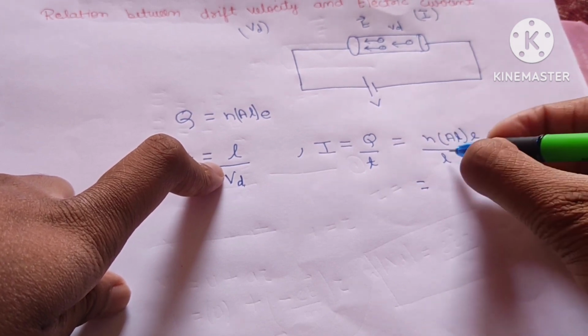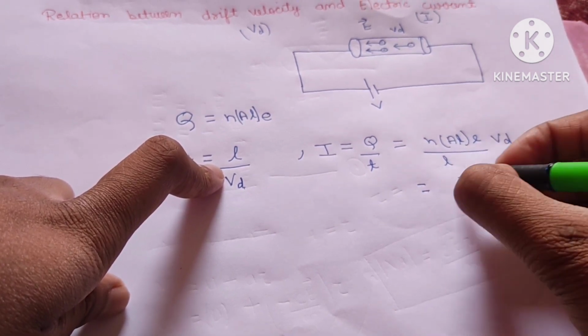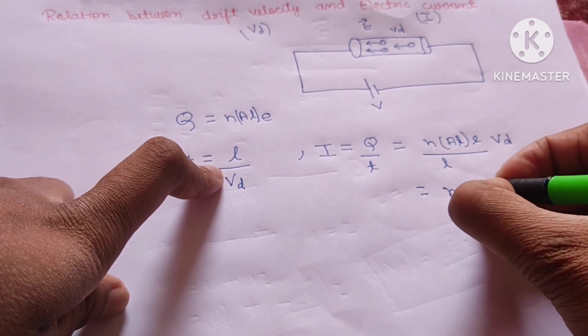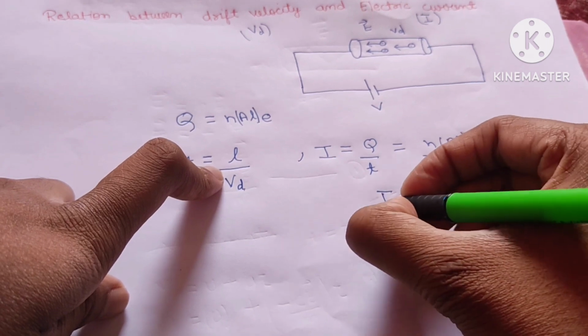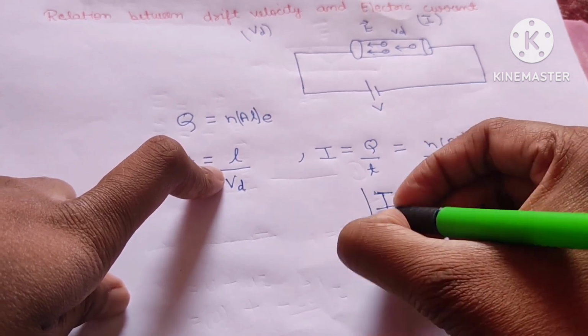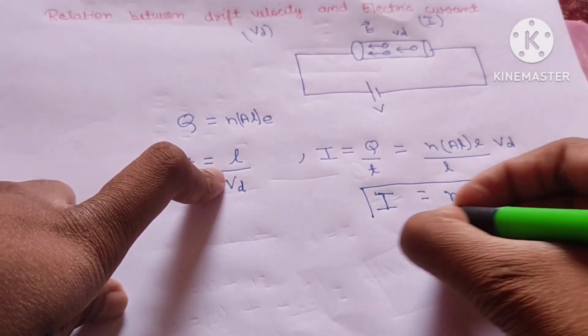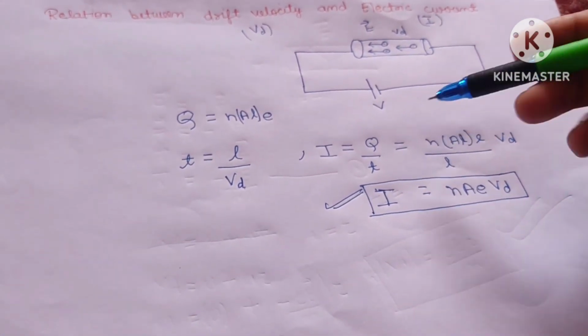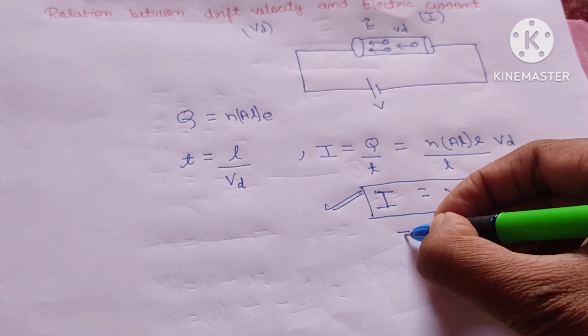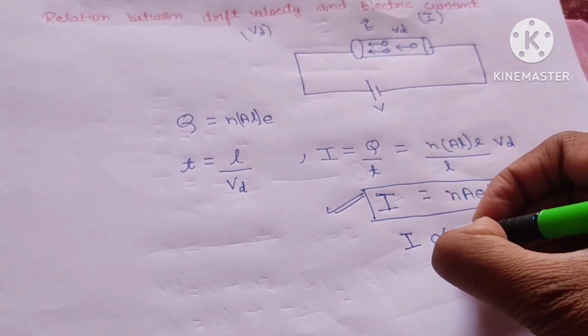Here we cancel the L, and we are left with N A E Vd. So I is equal to this. This is the relation. Actually, it is proportional to Vd.